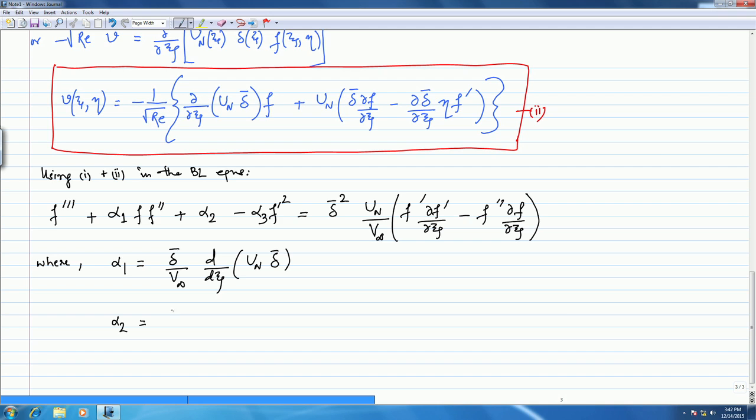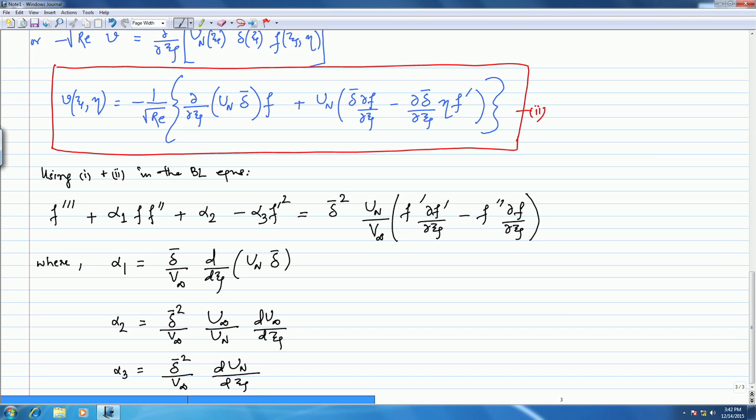Alpha 2 is delta bar square by v infinity, u infinity u_n du infinity d zeta, and alpha 3 is delta bar square by v infinity d u_n d zeta.